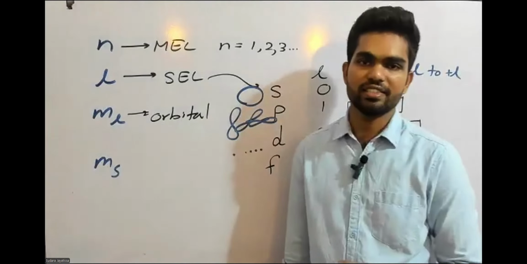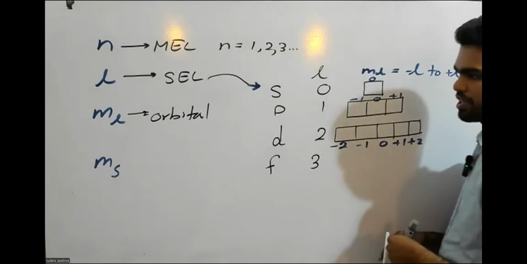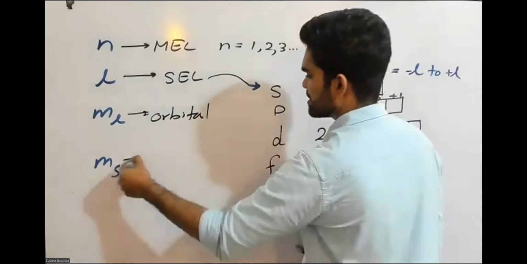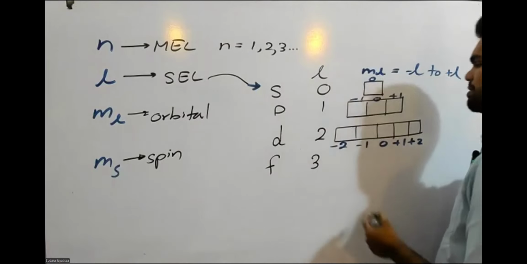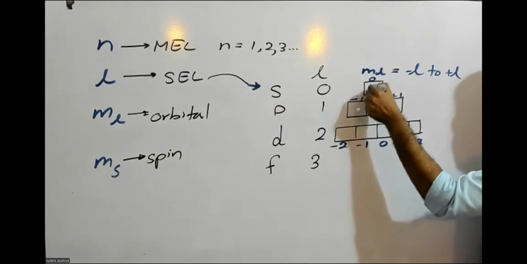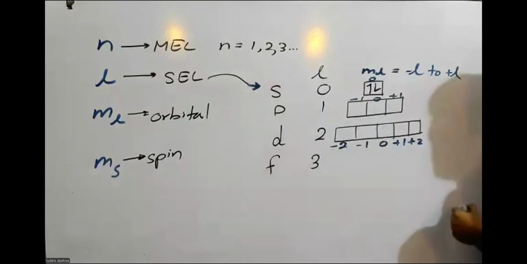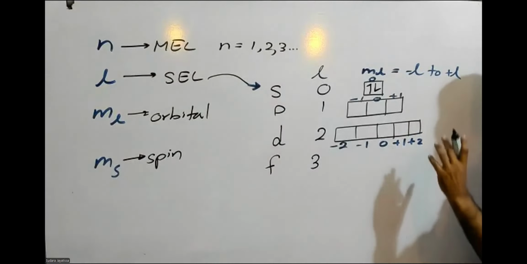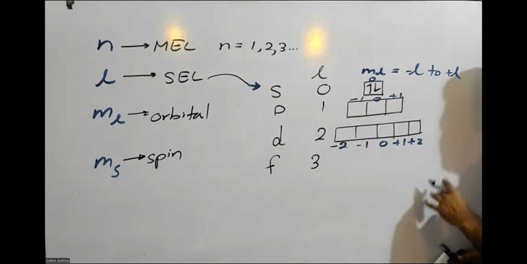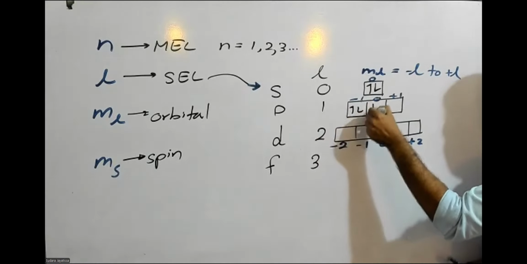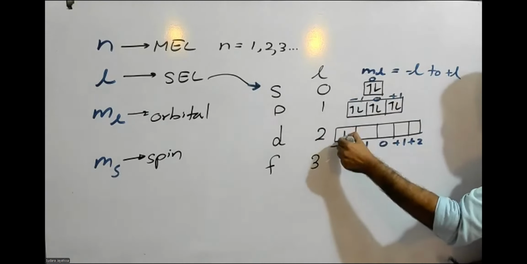What is the last quantum number? It represents the spin of electrons. In each orbital we can have a maximum of 2 electrons, and those 2 electrons spin in opposite directions, clockwise and counterclockwise. Likewise we can fill electrons in this way.